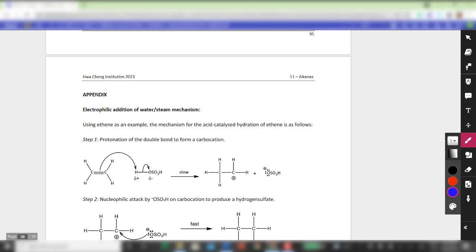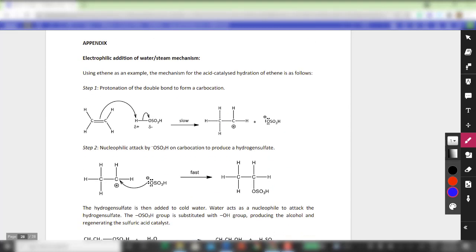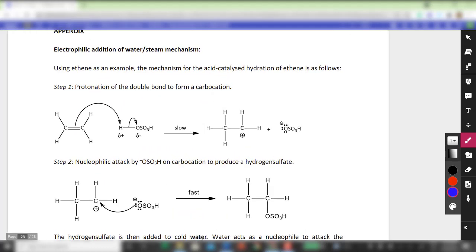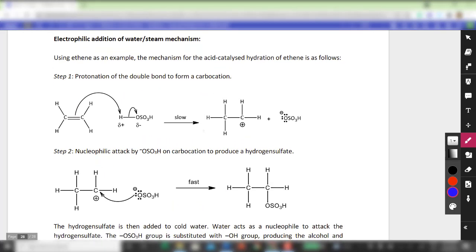And then earlier on I mentioned that we have an appendix here showcasing the electrophilic addition of water or steam in the presence of concentrated sulfuric acid.